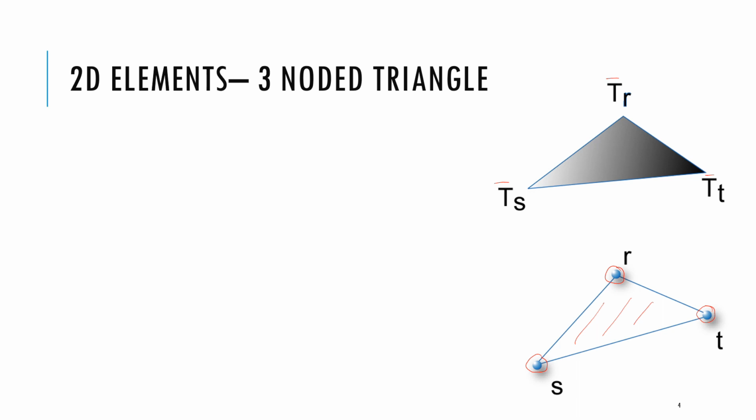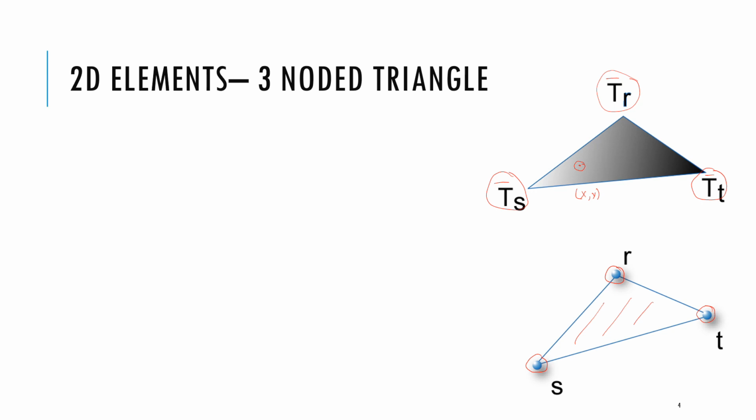And so these are the temperatures at the 3 nodes of the triangle, and the point is any other temperature inside the triangle can be found by interpolation, and let's see how. So suppose I need temperature at this point, which is, let's say, some xy point. So this point temperature can be found through a set of interpolation.